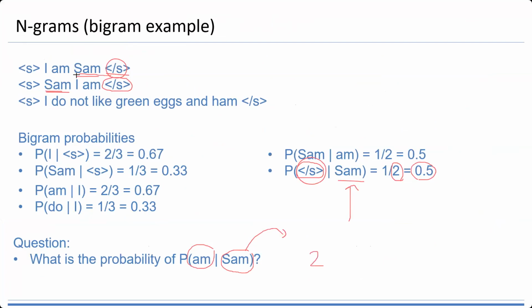After Sam, how many of the word M appears? Nothing. So it means 0 divided by 2, and it is 0. So the probability is 0. Okay.